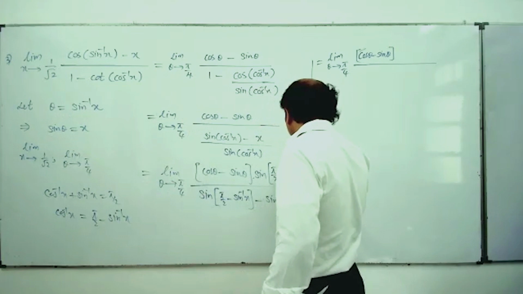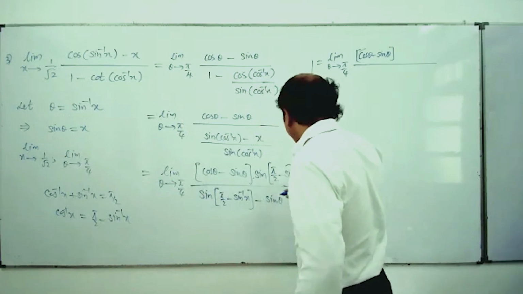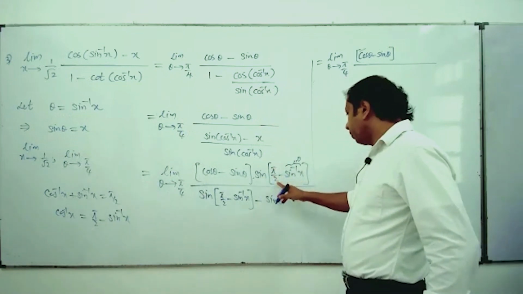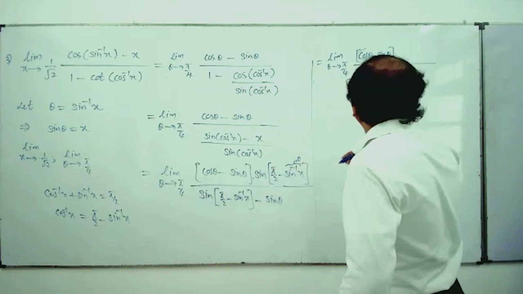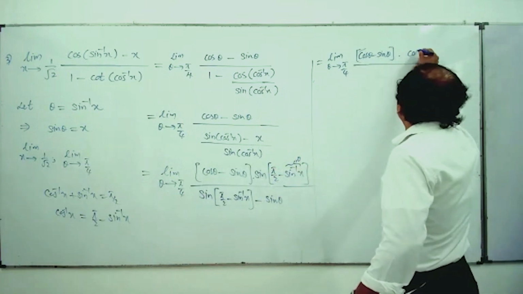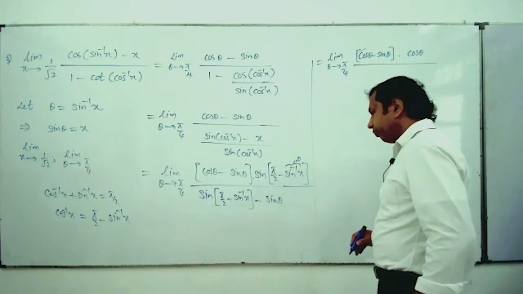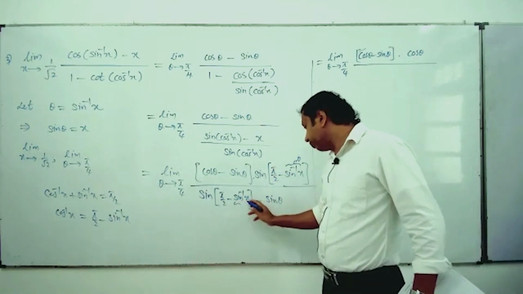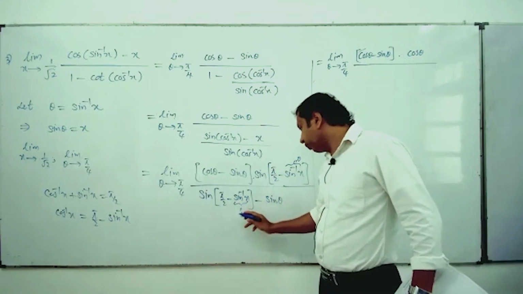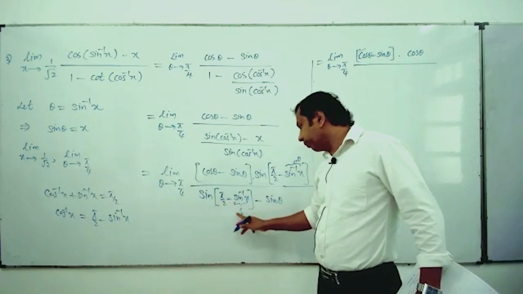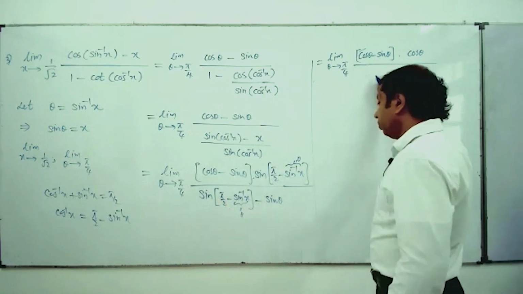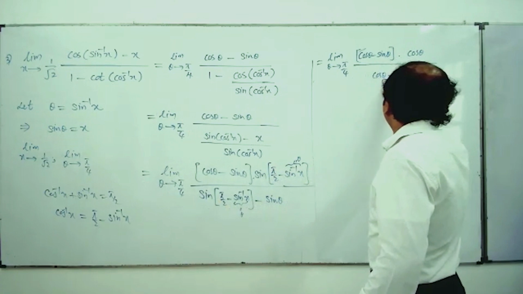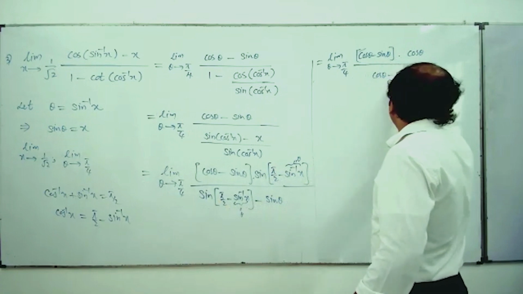This is theta now. Then what do we have? Sin of pi by 2 minus theta. It is cos theta. Here, this is theta. Sin of pi by 2 minus theta is also cos theta minus sin theta here.